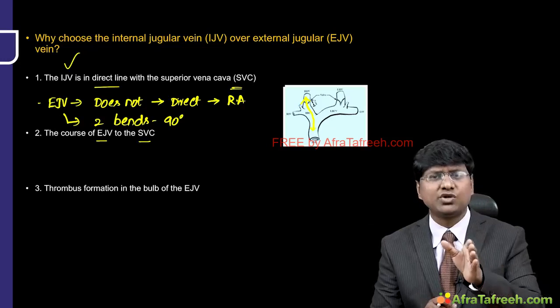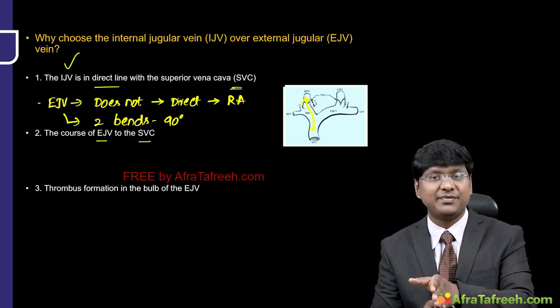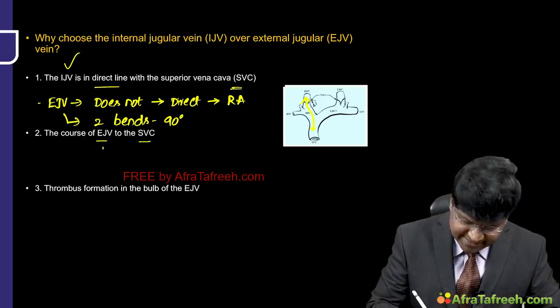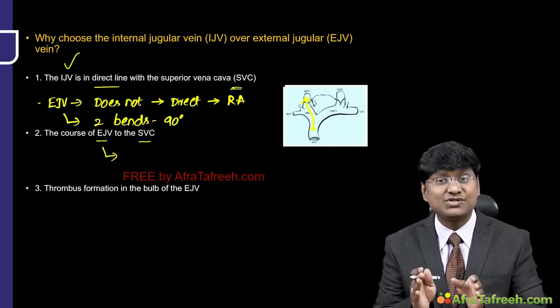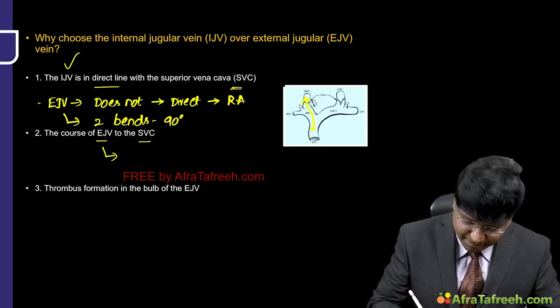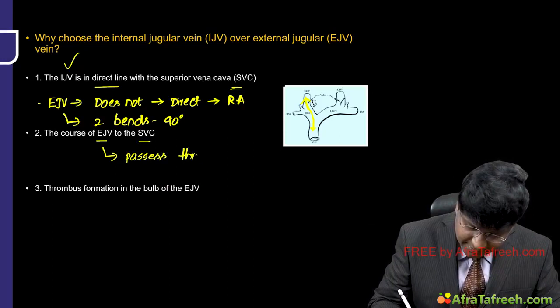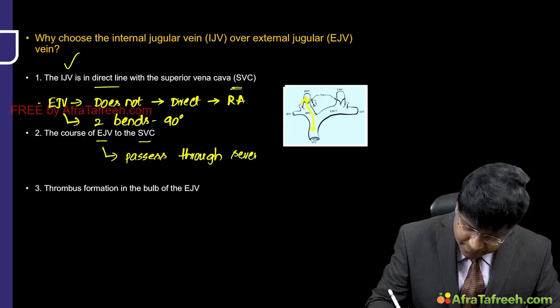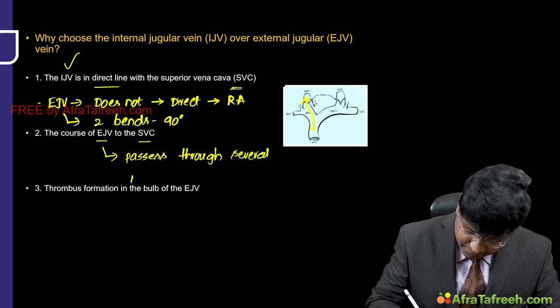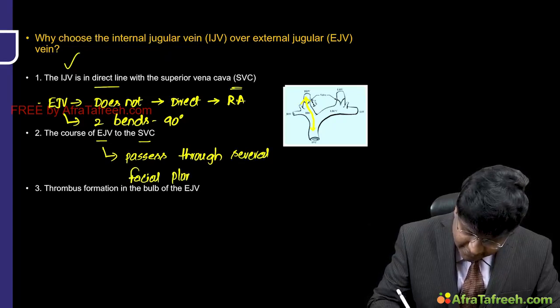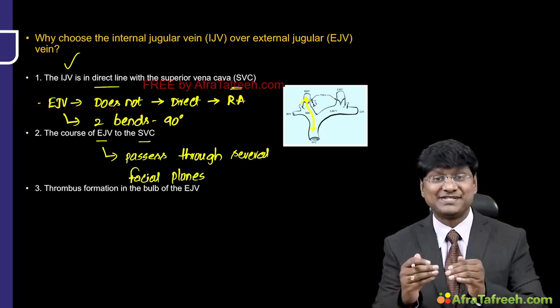If you take the course of the external jugular vein to the superior vena cava, it passes through several fascial planes.